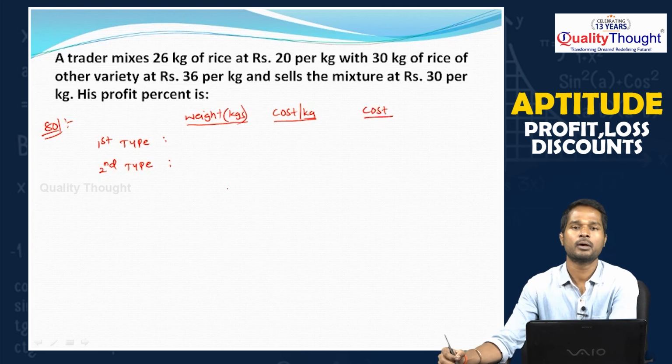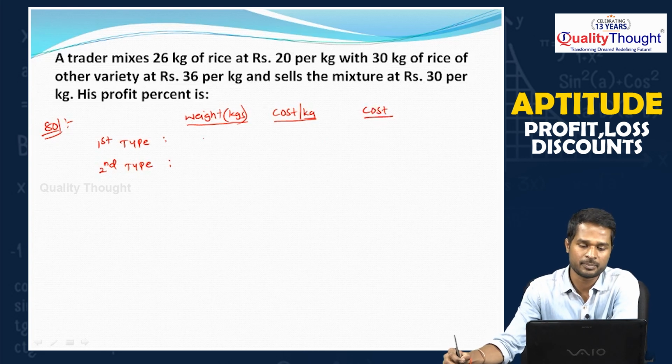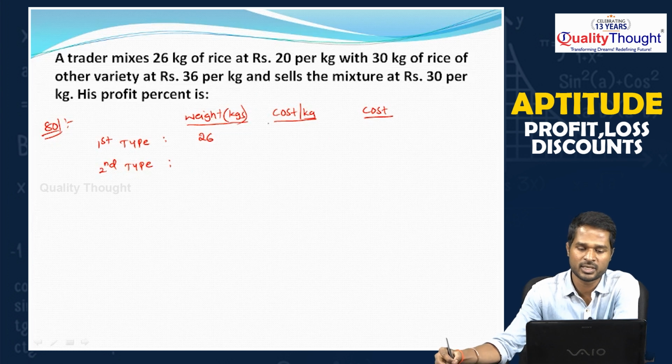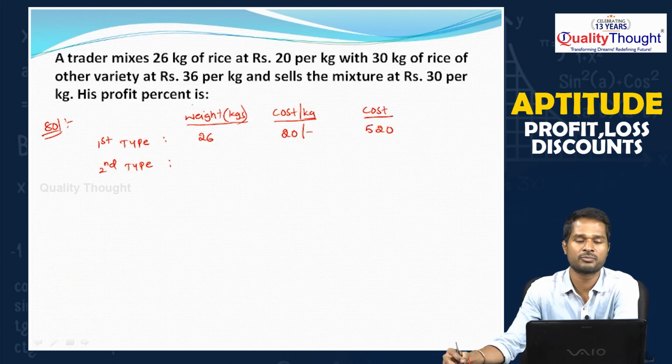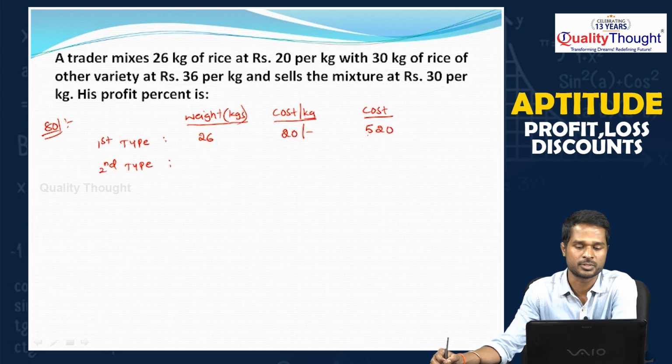Okay. Now, calculate here. First type is 26 kgs and every kg costs 20 rupees. So, 26 20s are 520 rupees. So, the total cost of first type of rice is 520 rupees, which is CP.